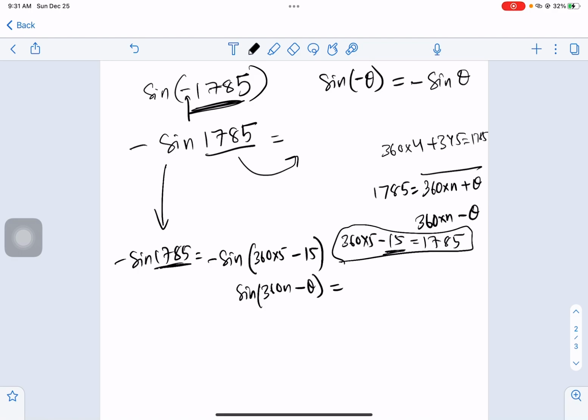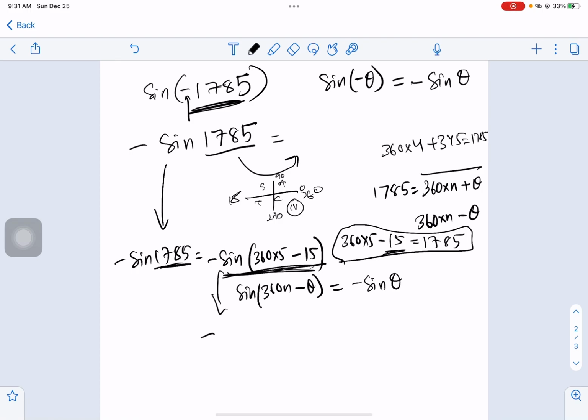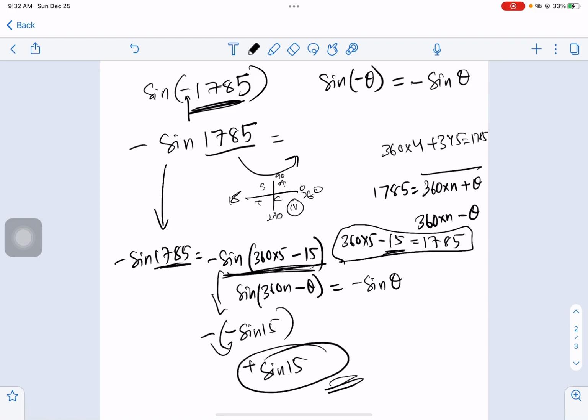You know that 360n minus theta is in the fourth quadrant, where only cos is positive, so sine will be negative, so it's negative sine theta. Hence, for this here it is negative sine 15. So negative times negative will become positive, so positive sine 15. So you have made it into a small angle.